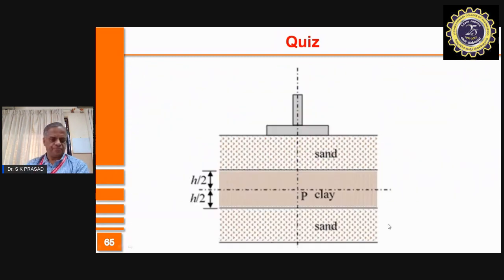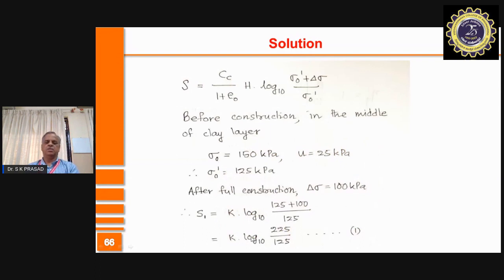And this is clay which is sandwiched between these two sand layers. The thickness of the clay layer is H. I have this equation for consolidation settlement. Before the construction, at the middle of the clay layer, sigma naught total stress is given by 150 kilonewton per meter squared, and pore water pressure is 25 kilonewton per meter squared.